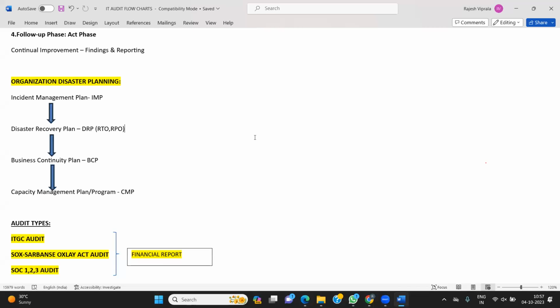That means the organization's management thought they will get good business. So to start a business, obviously they will do the PDCA again, correct? They will plan what is required, how much finance or resources are required, and how many people should be there.